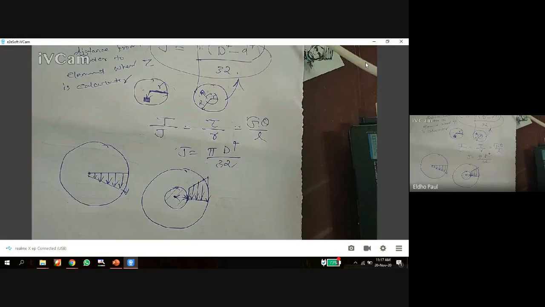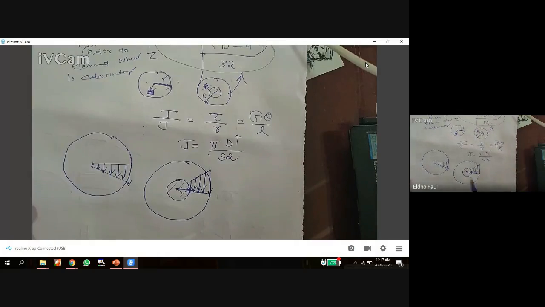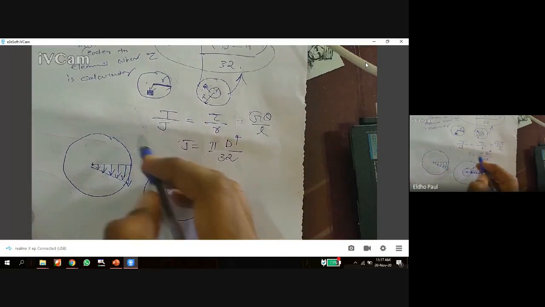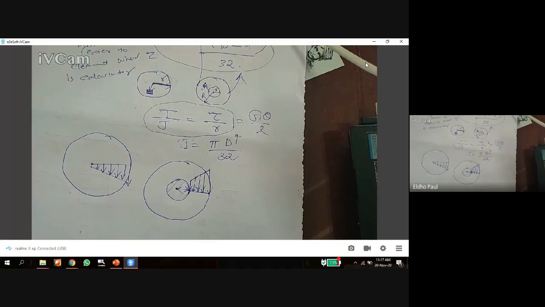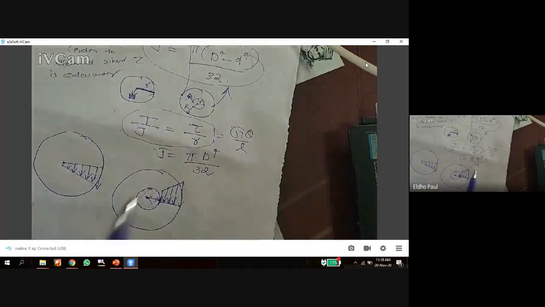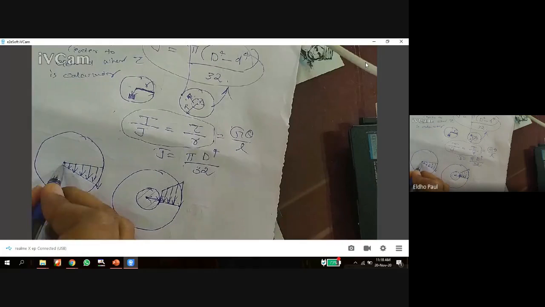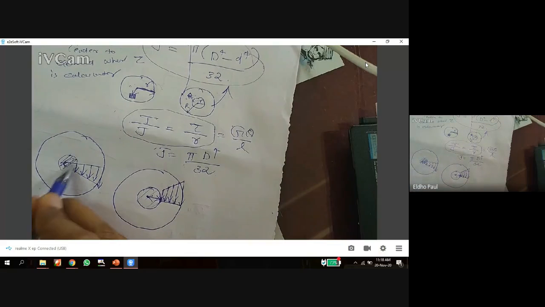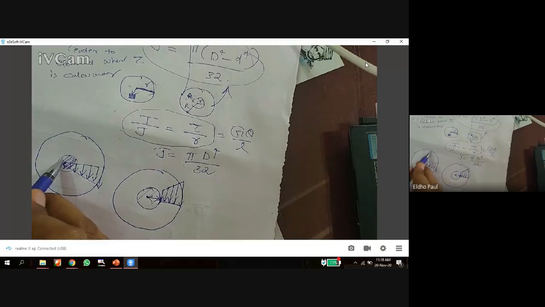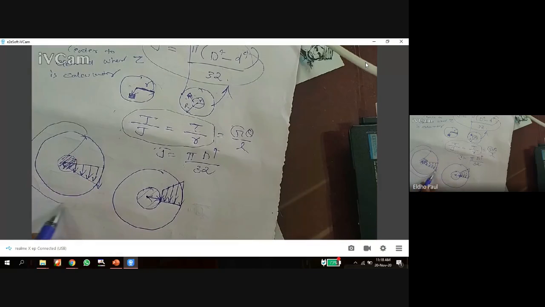And similar to the last lecture, this is very important. Which one has higher strength, solid shaft or hollow shaft? From the distribution we can see that in this region the shear stress is very small. So we can take the material from this area and distribute the same material to the surface area, where shear stress is maximum.